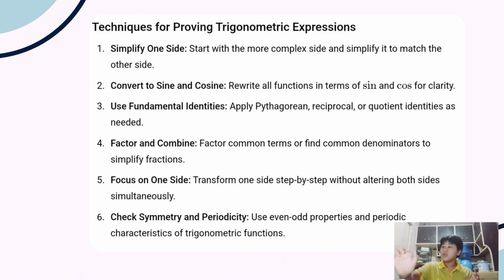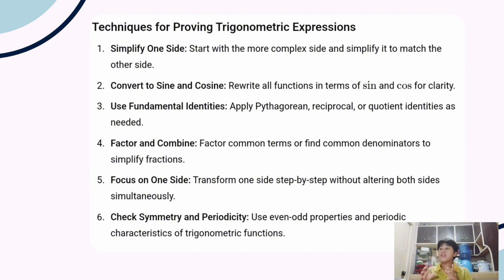So I have here also some techniques to share with you. The first technique is to simplify one side. Start with the more complex side and simplify it to match the other side. Second is to convert to sine and cosine, same as with simplifying. Rewrite all functions in terms of sine and cosine for clarity.